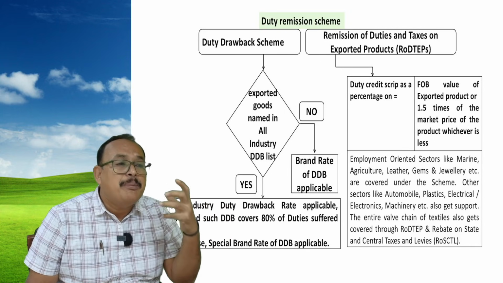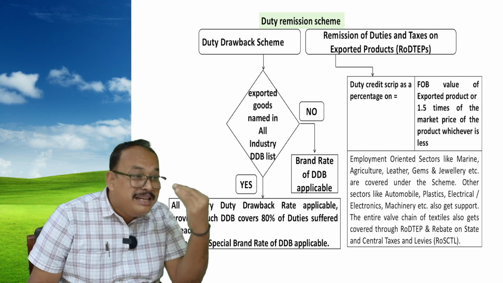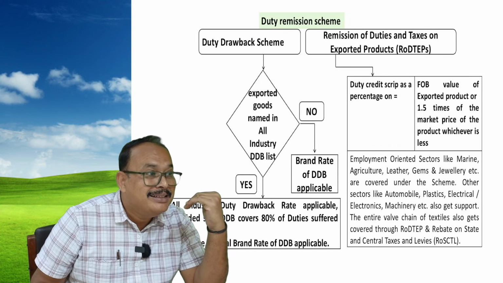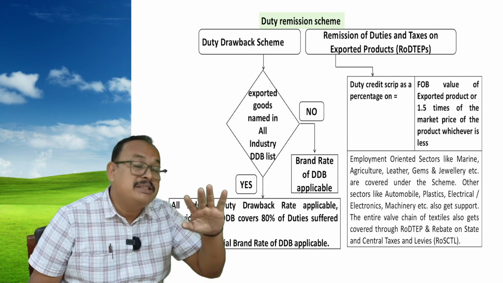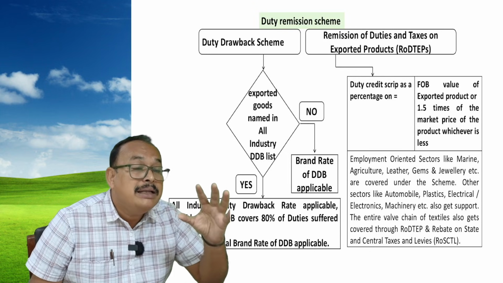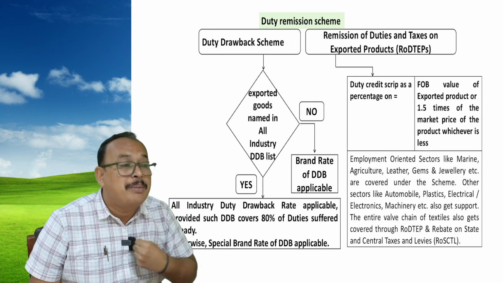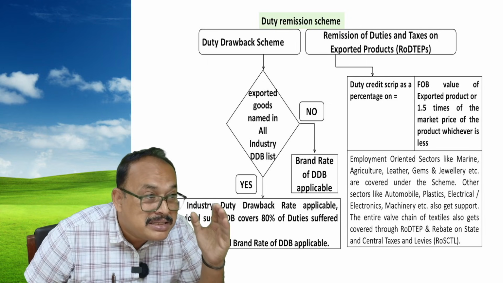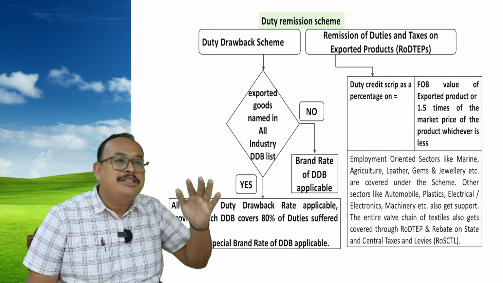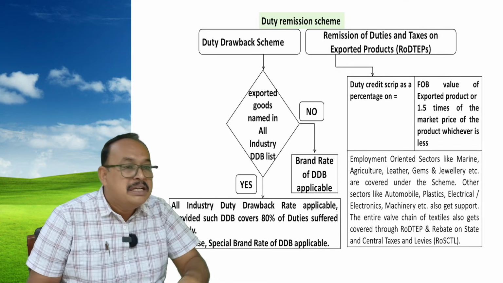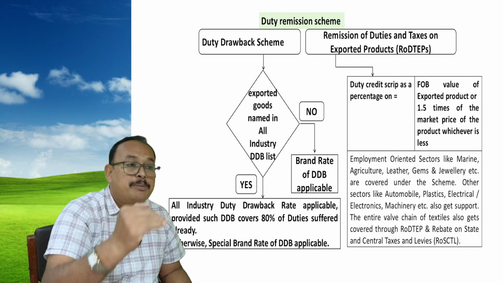If the recovery as per the all industry duty drawback is 80% and above, then all industry duty drawback is applicable. 80% only I said, no? If it is below 80%, then all industry drawback disappears.